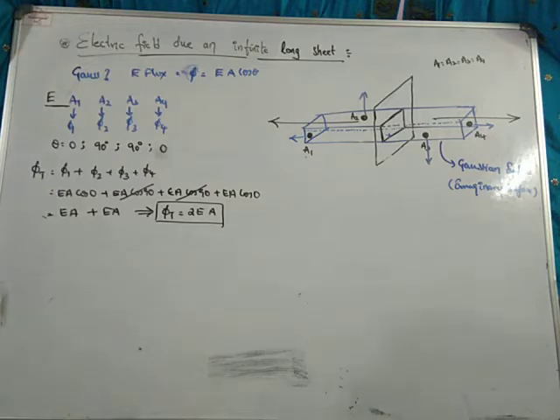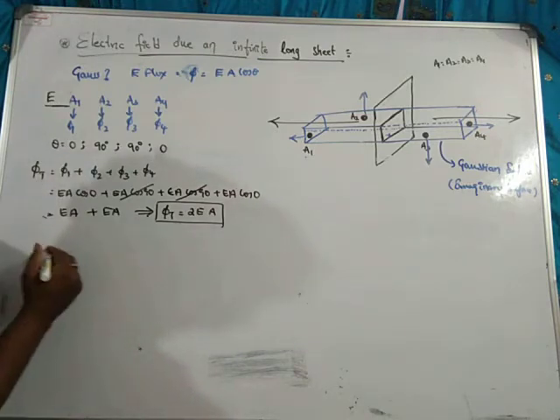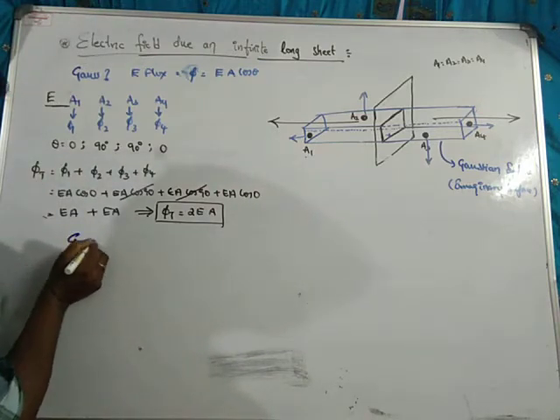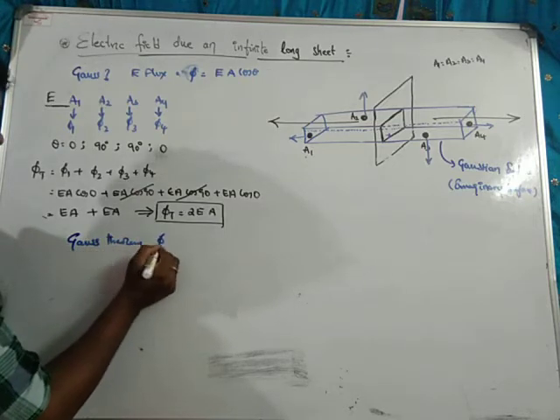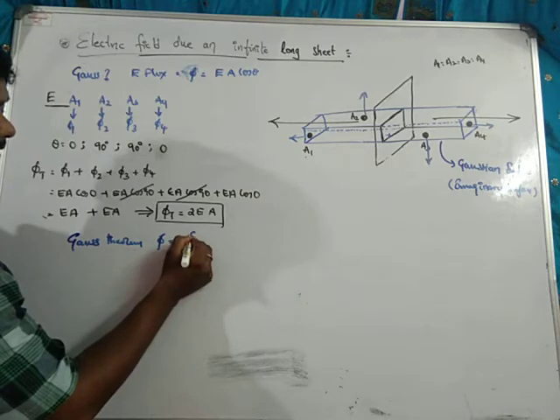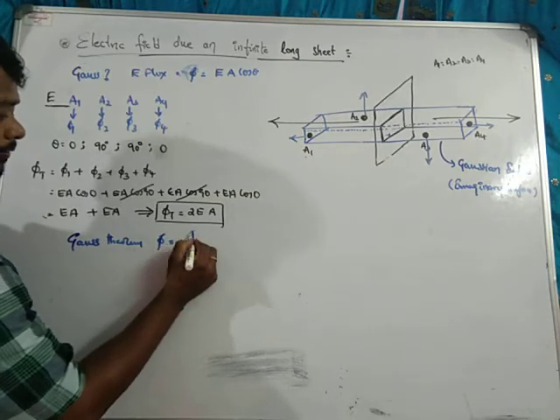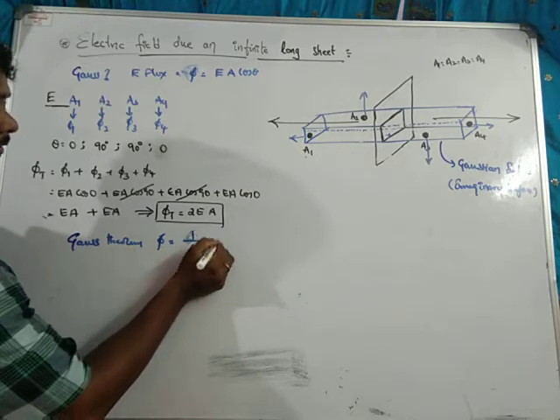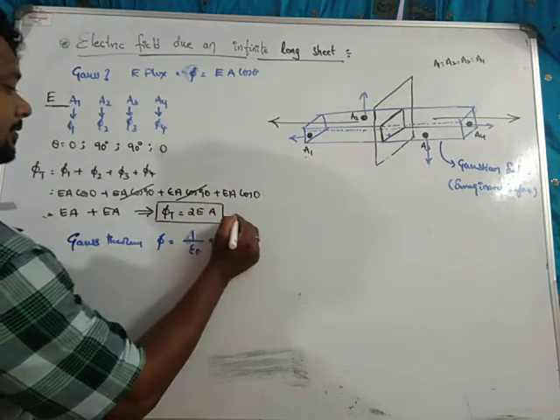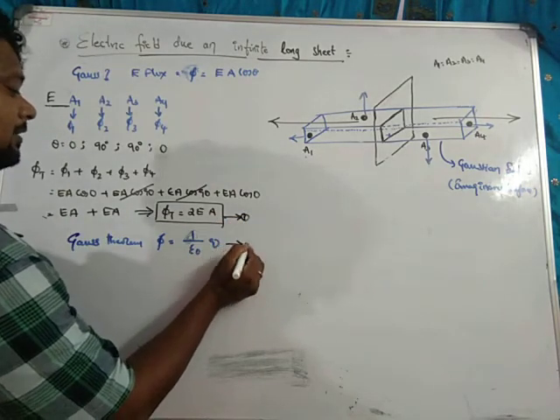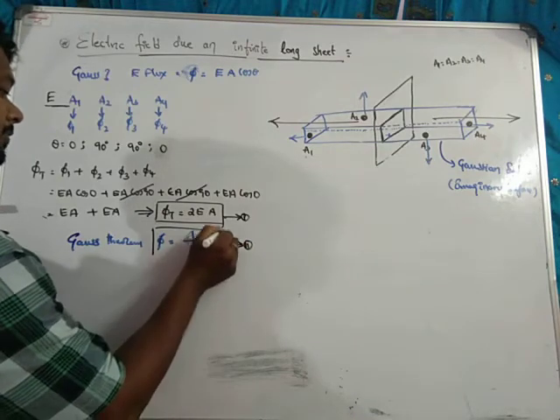But according to Gauss's theorem, flux is equal to 1 by epsilon naught of charge. We take this as equation 1 and the other as equation 2.